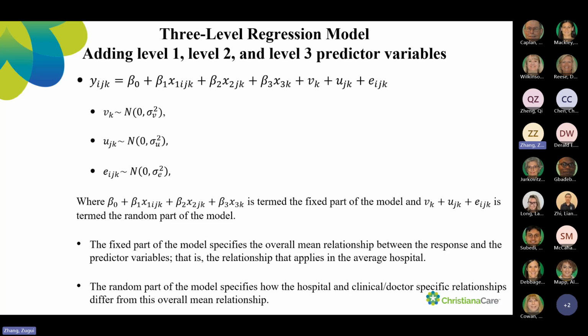The fixed part of the model specifies the overall mean relationship between the response, the outcomes, and the predictor variables, a relationship that applies on average in a hospital. The random part of the model specifies how the hospital, clinic, or doctor specific relationship differs from the overall mean relationship.